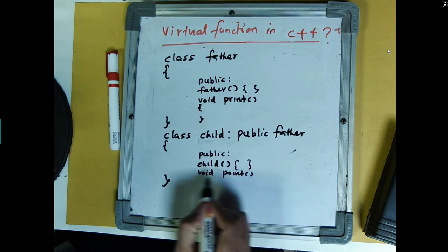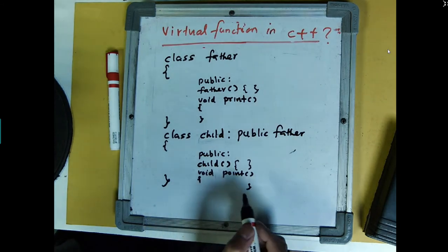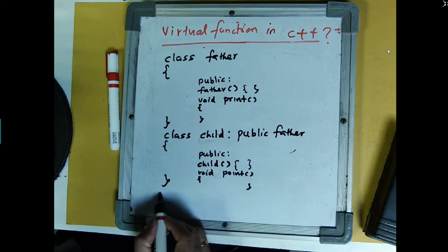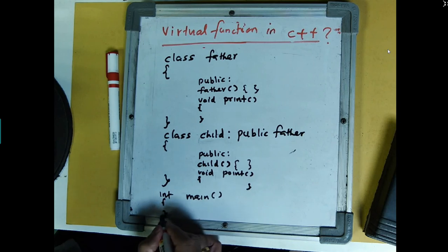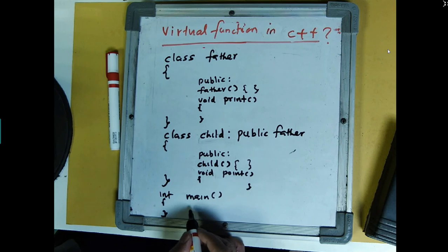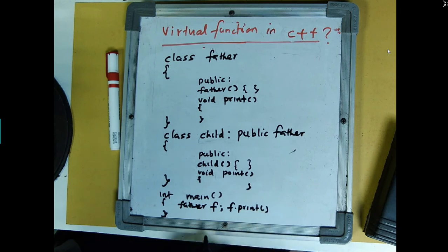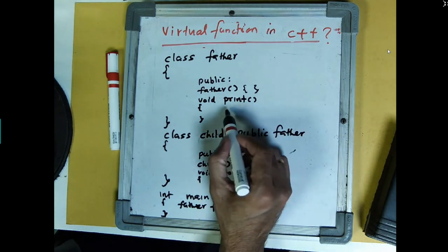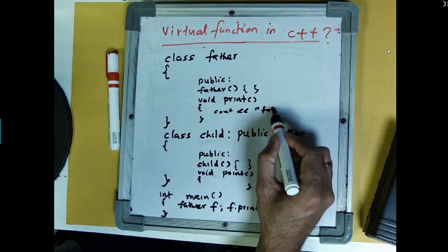Now when the function of the same type exists in both the father and child classes, whenever you create a main function in which we have, let's say, father f as an object, then you say f dot print, it will always print whatever is there inside this, let's say cout, I call this father print.